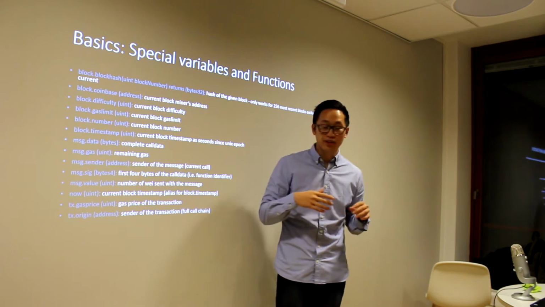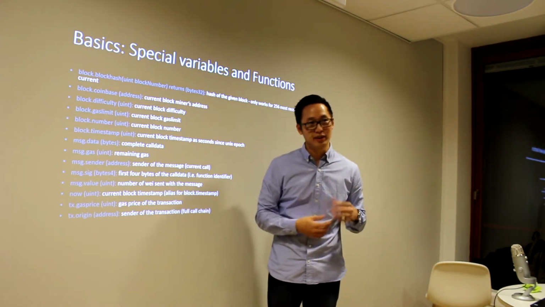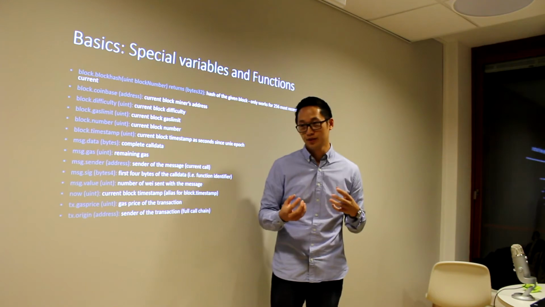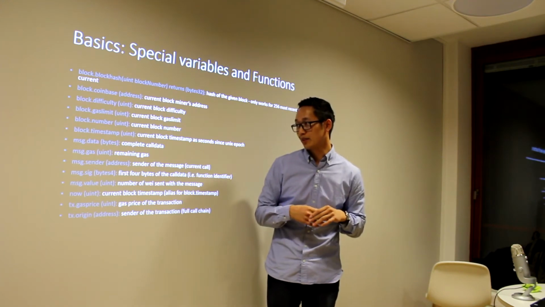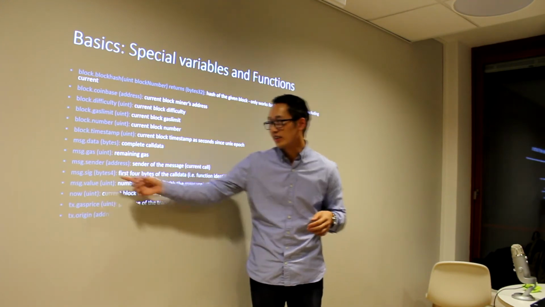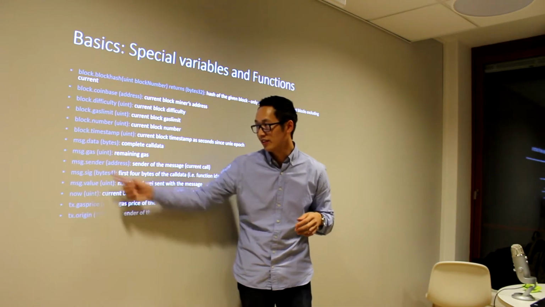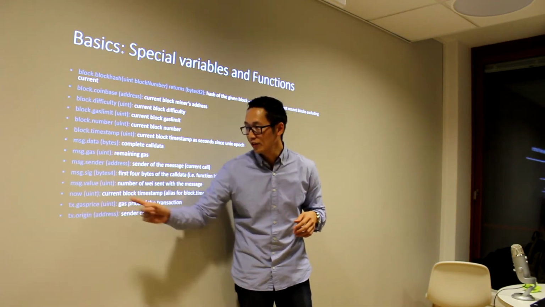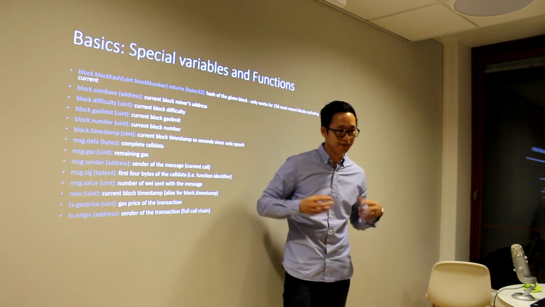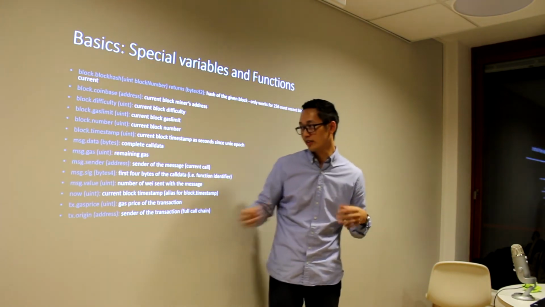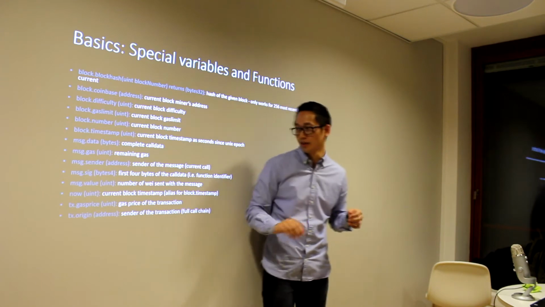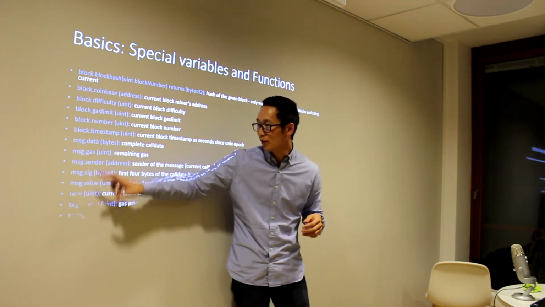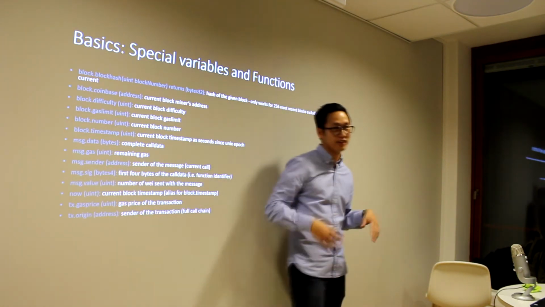And then if you want to know something about the transaction message, maybe who the sender is, you can call msg.sender. This is the most common one, I think, to know who the sender is. And if you just want to know how much ether he did the transaction with, you can write msg.value. So those two are the most common ones in a Solidity contract.